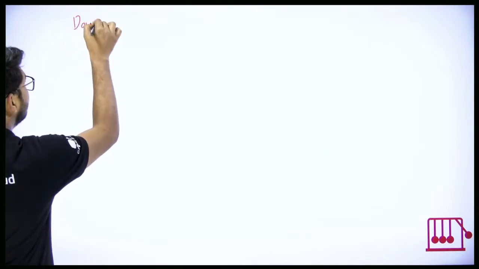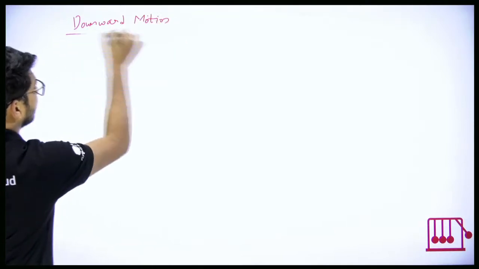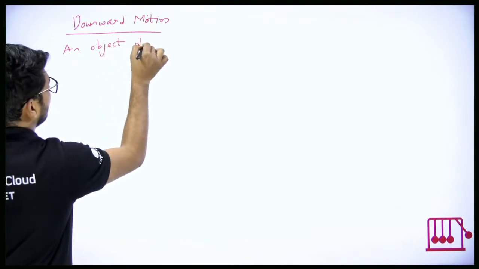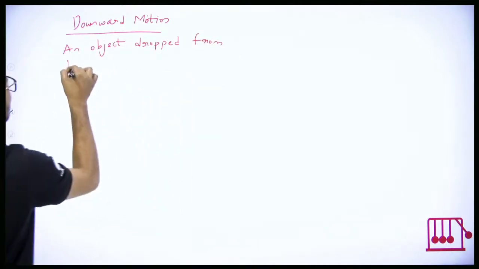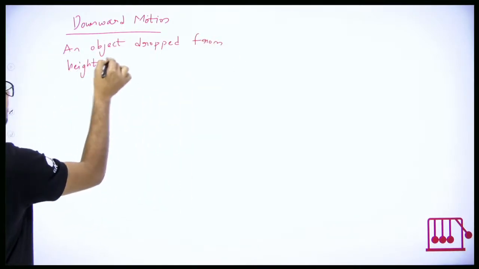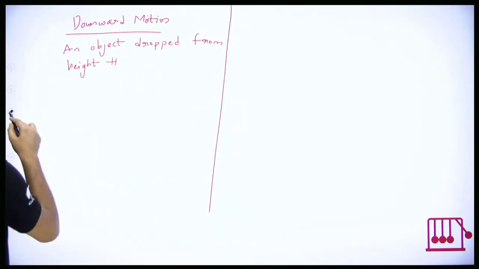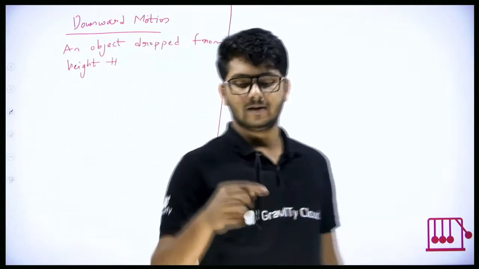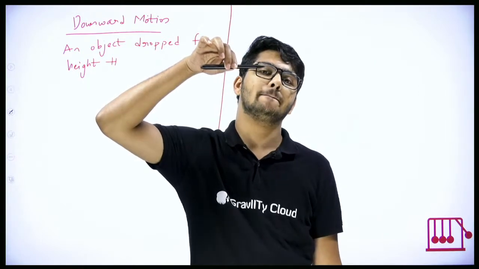So for downward motion, first, let's say an object is dropped from a height capital H. We are considering that case. If I take this pen in my hand, what is its speed?